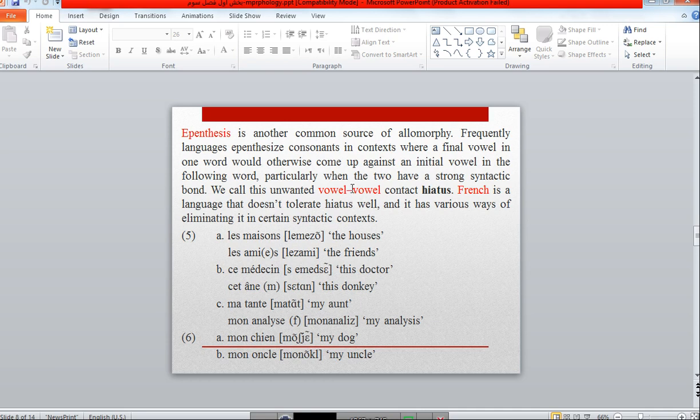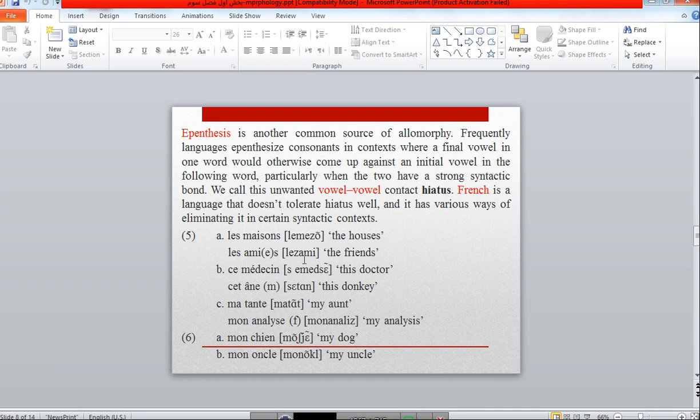So we put some consonant between these two vowels, we call it epenthesis. For example, look at these French examples. Again here, le mezzo is okay, but we have here le ami, because we have two vowels near each other, le and ami.